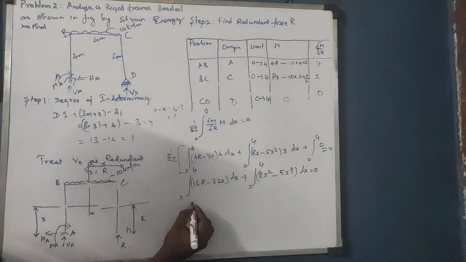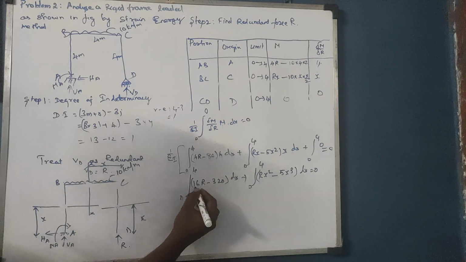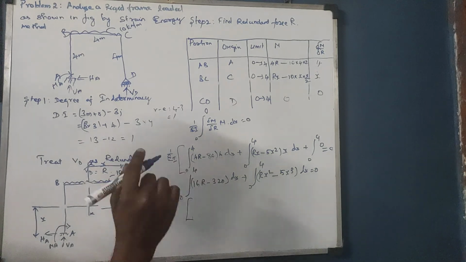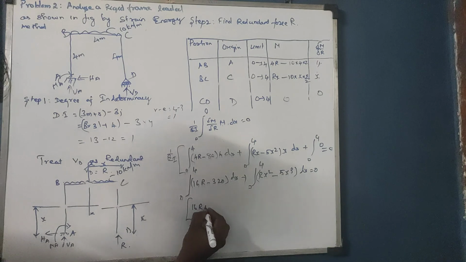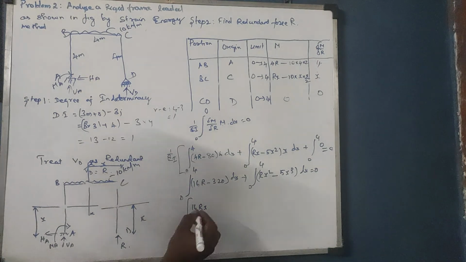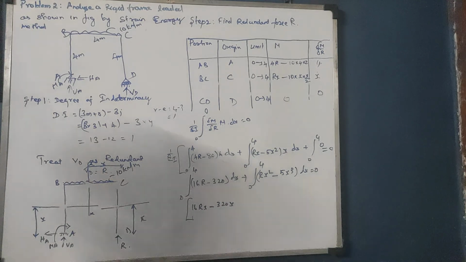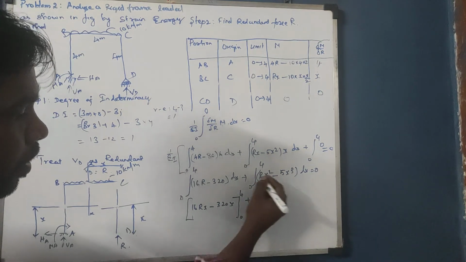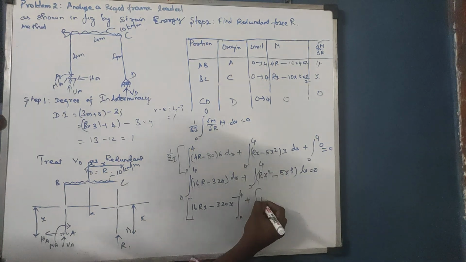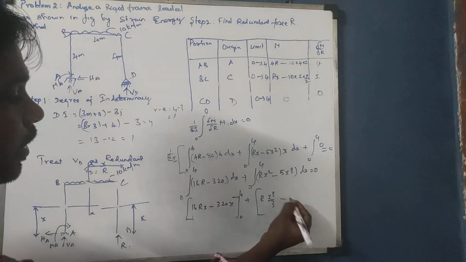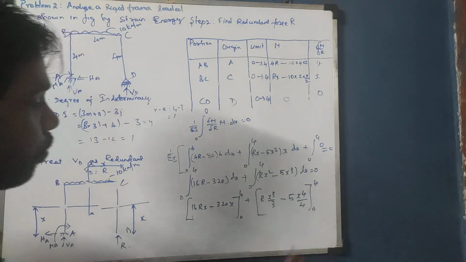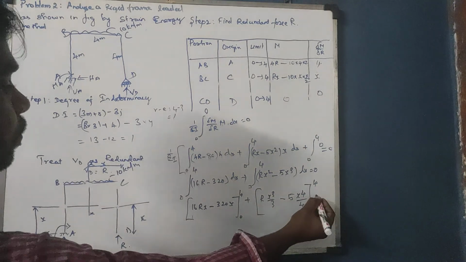Now integrate: integration of 1 is x, so 16Rx minus 320x, 0 to 4, plus integration of x square, that is Rx cube by 3 minus integration of 5x cube, 5x to the power 4 by 4, 0 to 4, equal to 0.